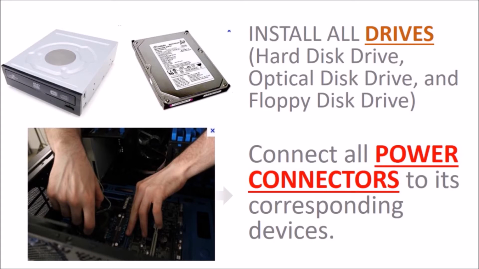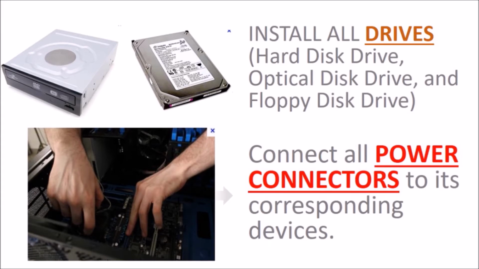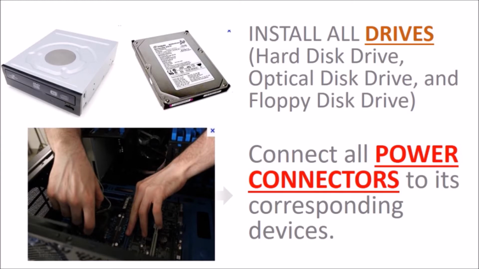And after that, after you install all the drives, connect all power connectors to its corresponding devices. So if your ODD is an IDE type, the power connector for that is MOLEX. But if your ODD is a SATA type, of course, the power connector for that is SATA power connector.